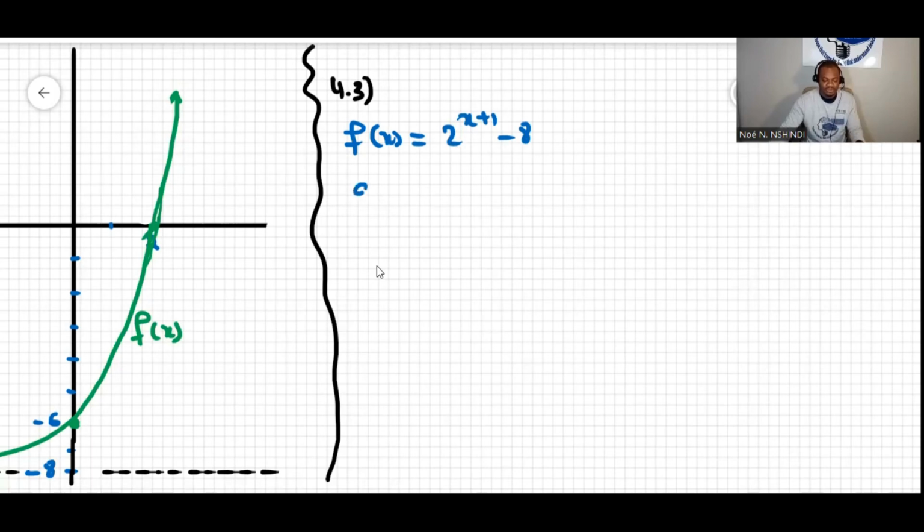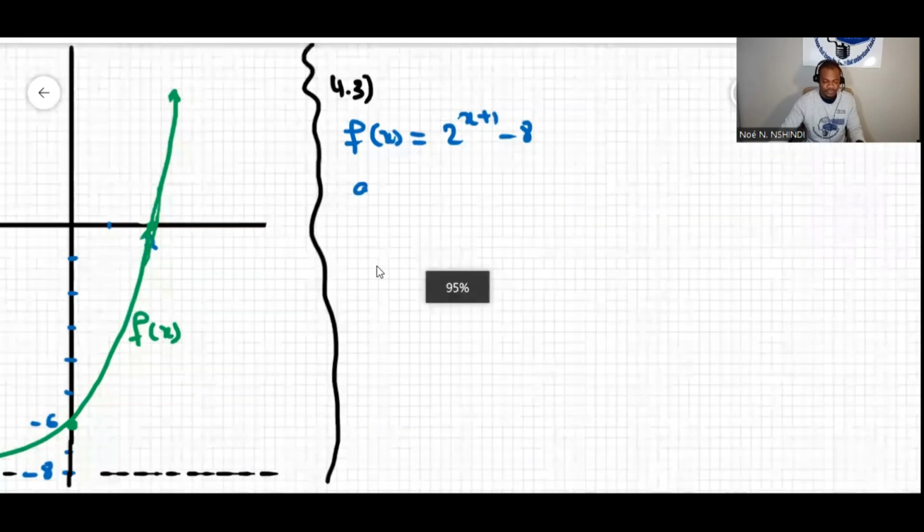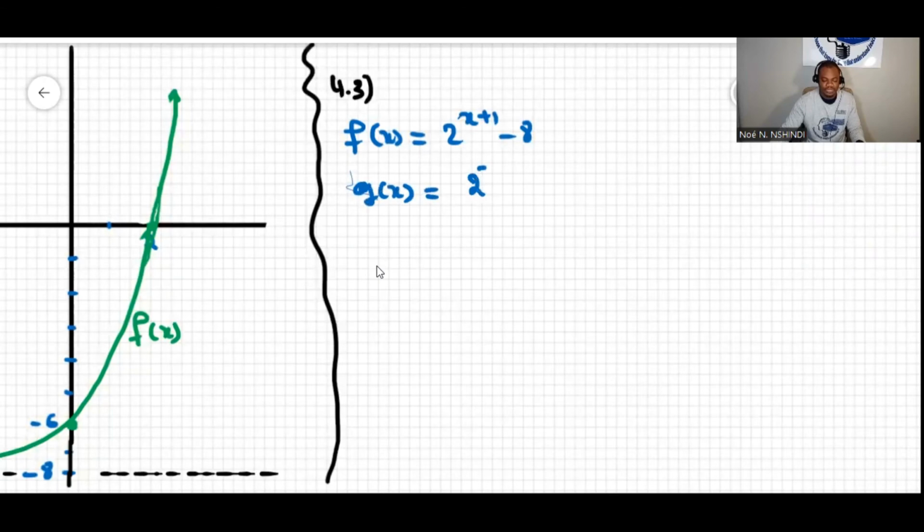So g of x, the new function, will be 2 to the power of negative x plus 1, minus 8. We can rewrite the same function.